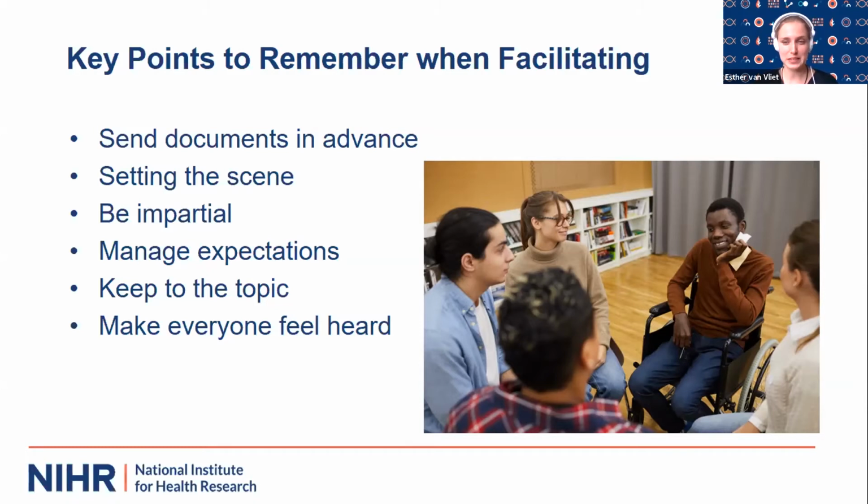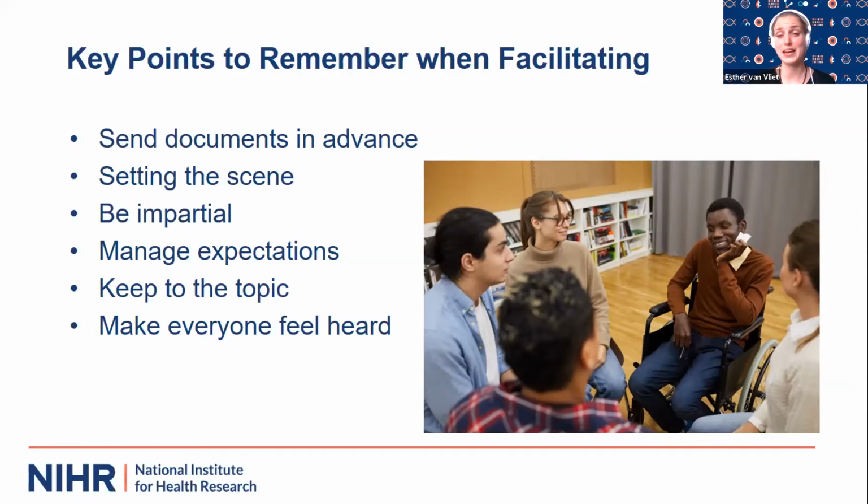During a PPI meeting, people will be sharing their stories, and it could happen that somebody starts telling a story which is completely unrelated to the aim and purpose of the meeting that you set at the beginning. This can be quite frustrating for you as a facilitator, but also for other participants. So if something like that happens, try to interrupt people to bring it back to the topic.